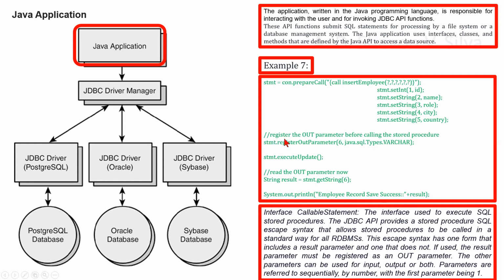Here, register the out parameter before calling the stored procedure. Then read the out parameter.